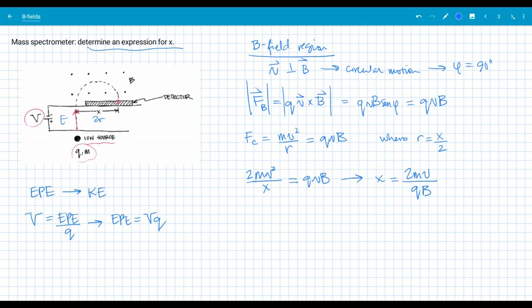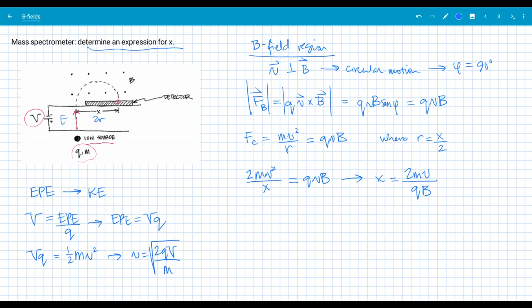I can say then Vq is equal to kinetic energy. These are conservative forces, 1/2 mv squared. And I can solve that for v, where I get v then is equal to root 2qV over m.